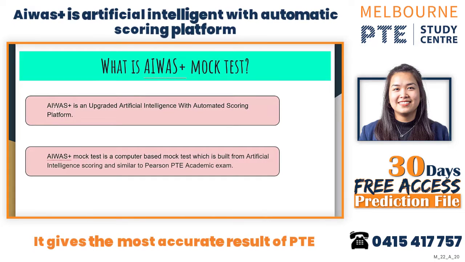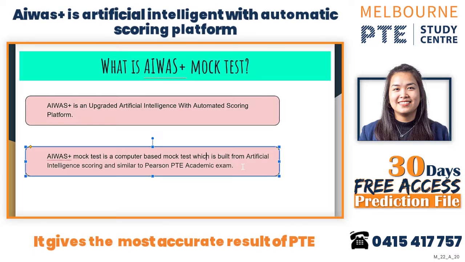First, AIWAS Plus is an upgraded artificial intelligence platform with automatic scoring. We used to have AIWAS before, but this version is a completely new version. It has been updated and upgraded. Now, the AIWAS mock test is a computer-based mock test, which is built on artificial intelligence scoring and is similar to the Pearson PTE Academic exam.